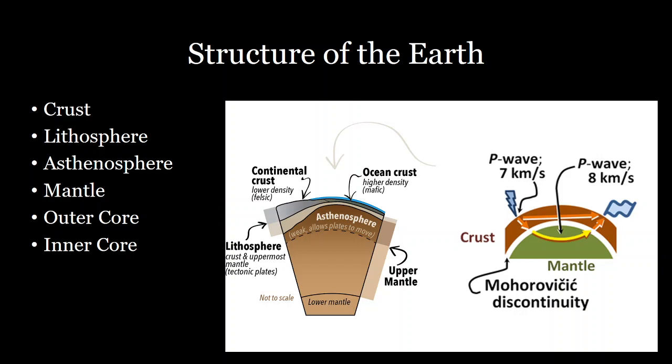Through the crust, seismic waves tend to move relatively slowly, whereas in the mantle, the seismic waves can move more quickly. And that difference is the MOHO line.